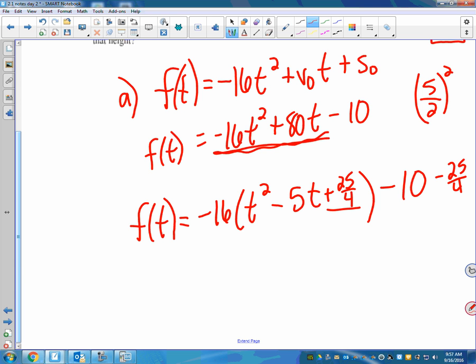If you did this, that's a negative height, which means something's gone wrong if our firework is negative feet in the air. Someone is getting hurt. Remember that you have to undo what you did out here, but don't forget about that negative 16 in the front. So I really need to multiply this by negative 16.